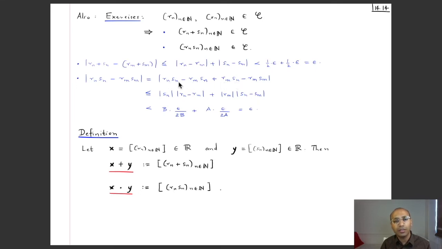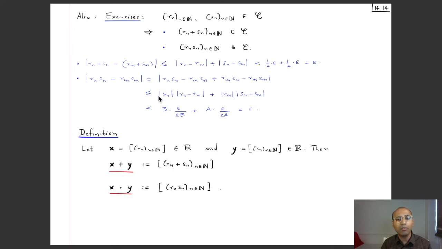So in this first thing, Sn is a common factor, and in the second thing, Rm is a common factor. So if we use the triangle inequality, this is less than or equal to the mod of this first thing plus the mod of the second thing. Now the mod of the first thing itself splits into the mod of Sn times the mod of Rn minus Rm, and the mod of the second thing splits into mod Rm times mod Sn minus Sm.